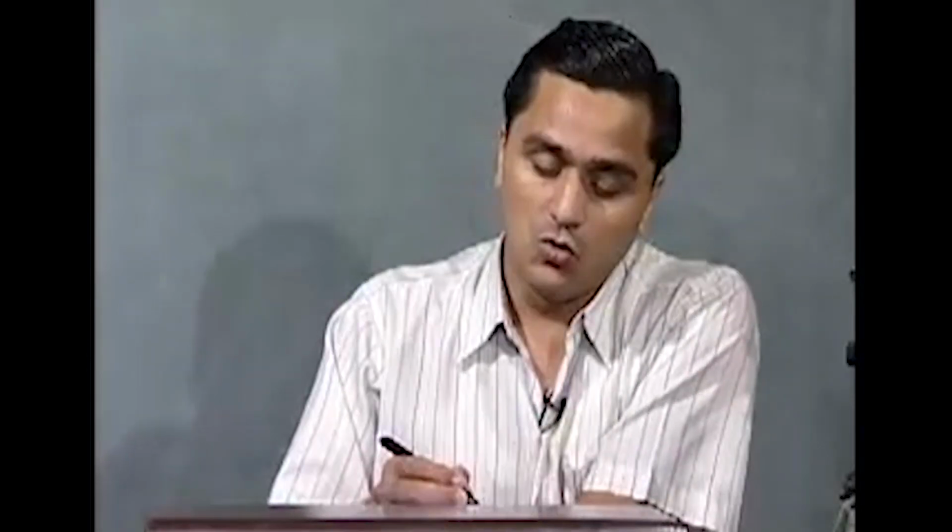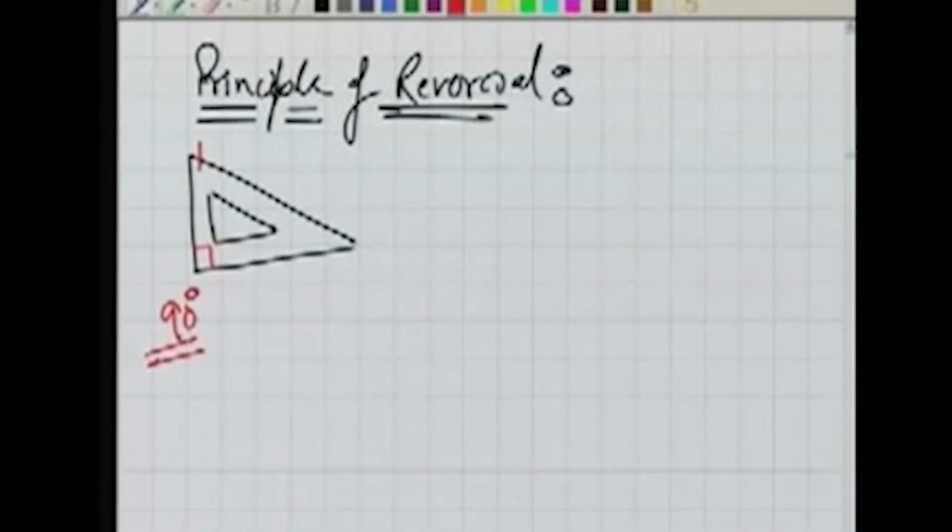Or maybe by continuous use of this instrument, one edge of the instrument has got wear, or maybe both of them. We have been drawing the lines all together about these edges. So these edges have got now some kind of wear and tear. So this angle is no more 90 degrees. It may be more than 90 degrees, less than 90 degrees, but it's not 90 degrees.